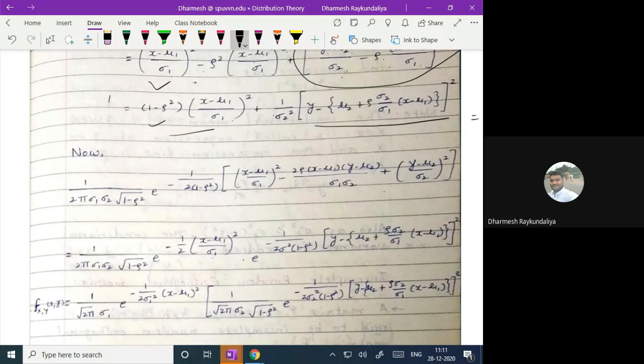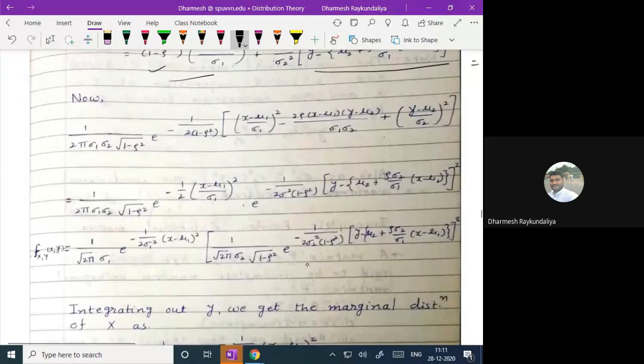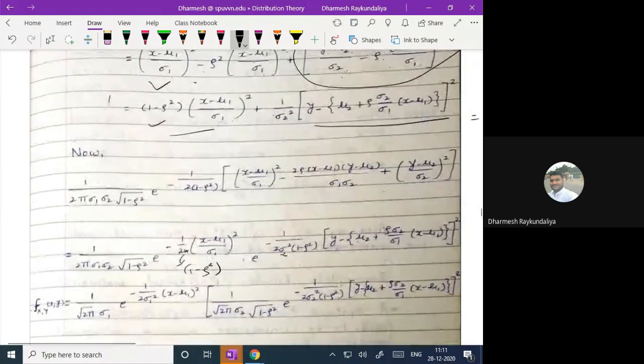Here there is a mistake. What mistake? Here there should be a 1 minus rho square. Okay, and then it is e raised to minus 2 times. Here the sigma 2 square is outside, so this is sigma 2 square 1 minus rho square, and this is nothing but y minus mu2 plus rho sigma 2 upon sigma 1. Okay, sorry, here the 1 minus rho square is additional, so that cancels out, so that means this is correct.